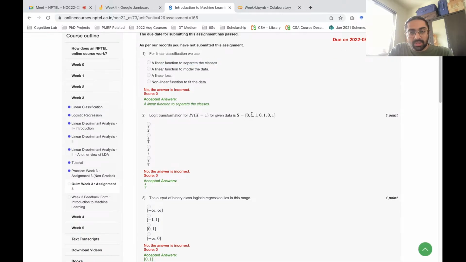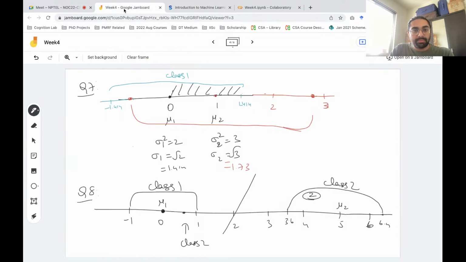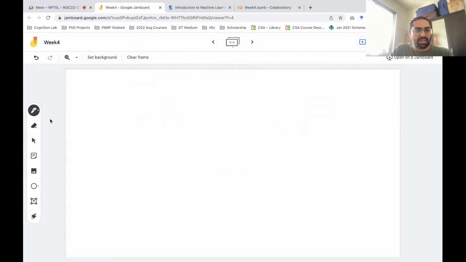Oh yeah, I saw this question somebody raised. So the logit transformation for the given data, the answer is 4 by 3. Again, it's a very straightforward thing which is there in the class, by the way. So logit transformation of any probability is just p by 1 minus p, right?